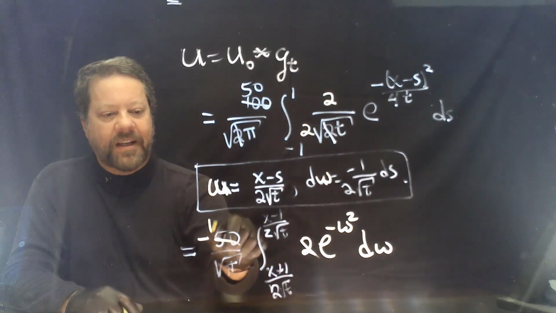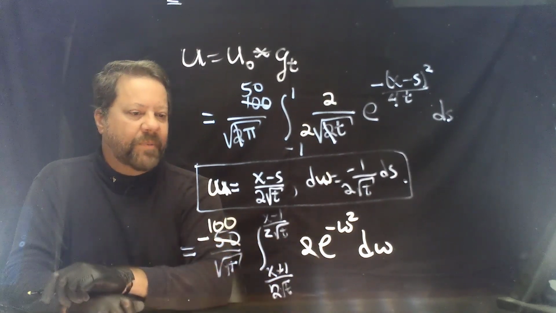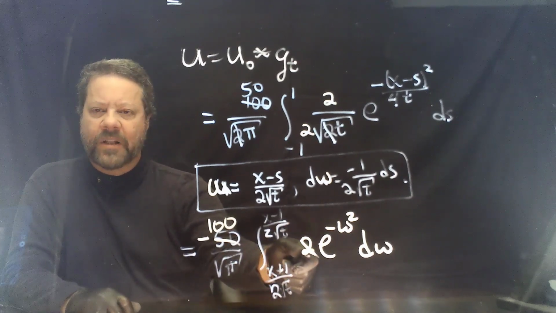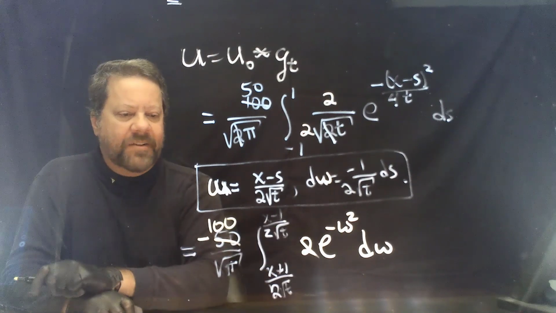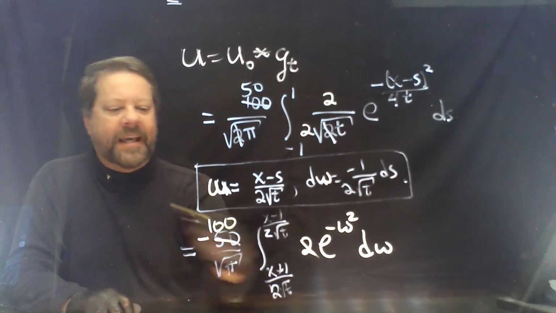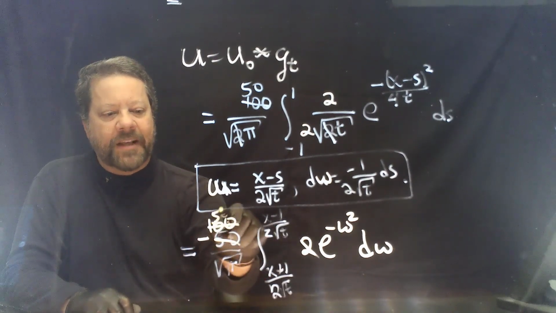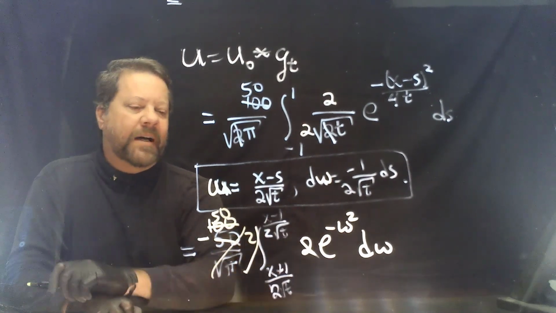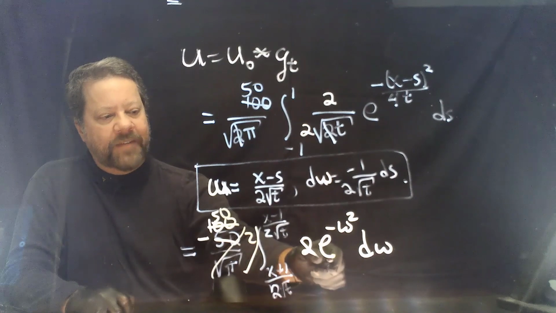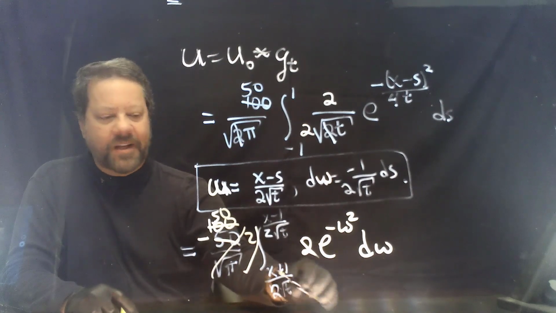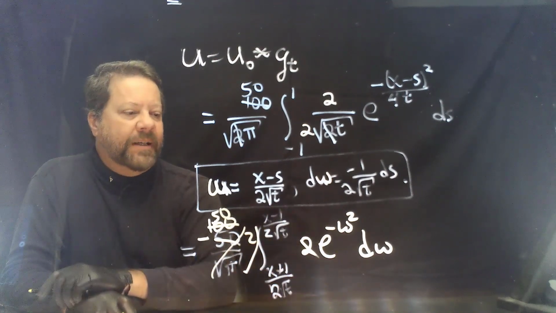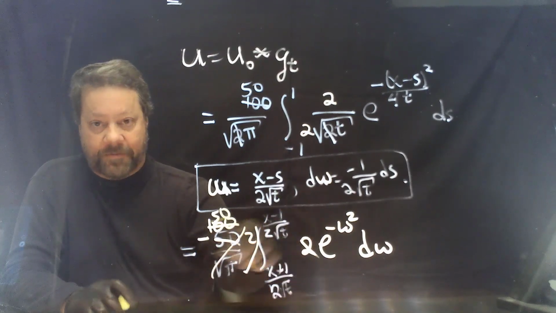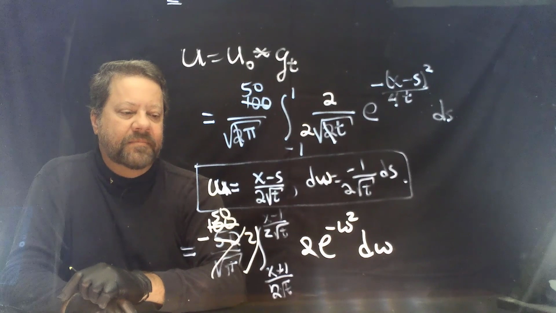So it looks like we'll have a 100 over root pi here, and it looks like we have something like a Gaussian here. Remember, the Gaussian had 2 over root pi, so I'll put that 50 back and put a 2, so I have 2 over root pi. Normally the Gaussian was integrated from 0 to s, but now it's integrated from a to b instead.